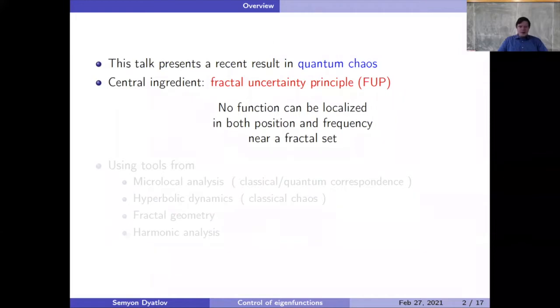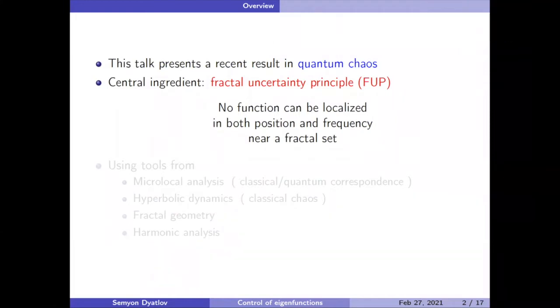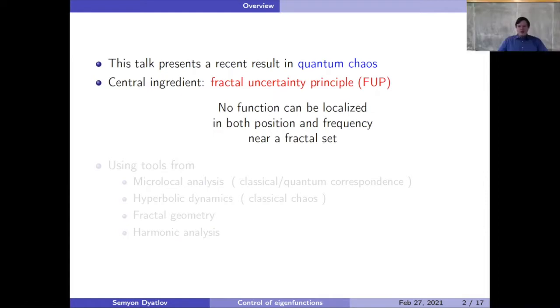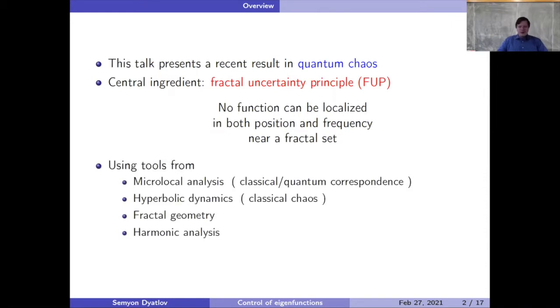I'll make a precise statement later, but roughly speaking, it says that no function can be localized in both position and frequency near a fractal set. All right, so the tools that are used in the proof, they'll get a different amount of attention during this talk. So I'll talk quite a bit about microlocal analysis, which is a mathematical theory underlying classical quantum correspondence.